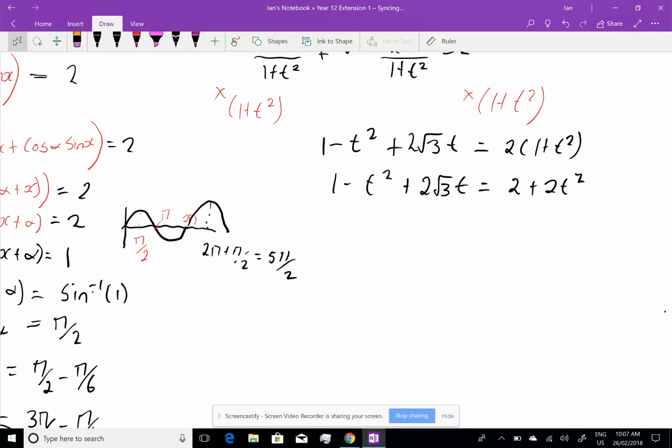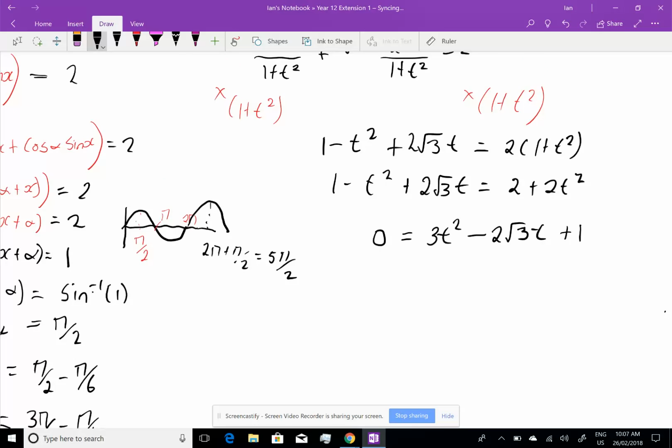Tidy it all up and take everything over to the right-hand side, and I get 0 equals 3t squared, because that negative t squared becomes over here, minus 2 root 3 t, and if I minus that 1, I get plus 1.